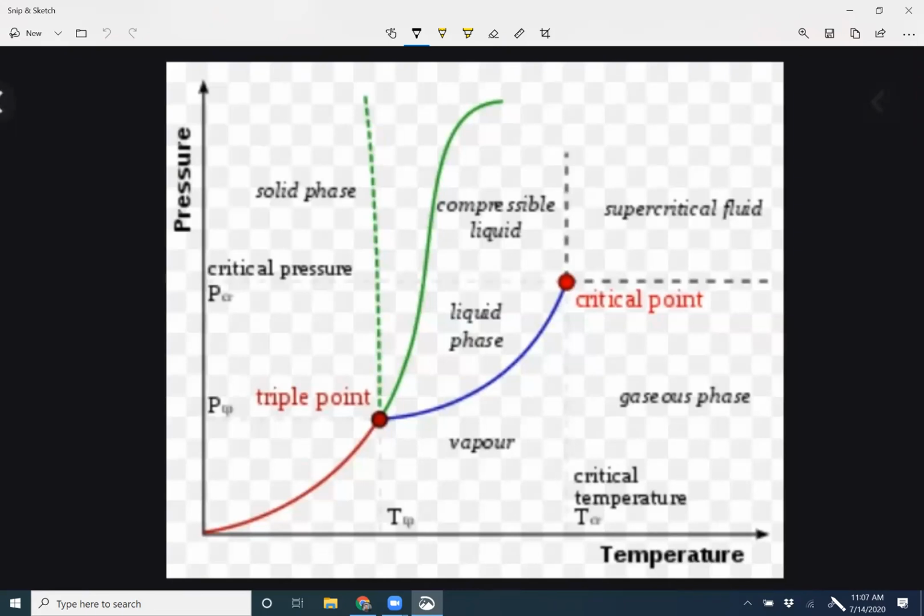What pressure and temperature are also important for is phase change in a substance.